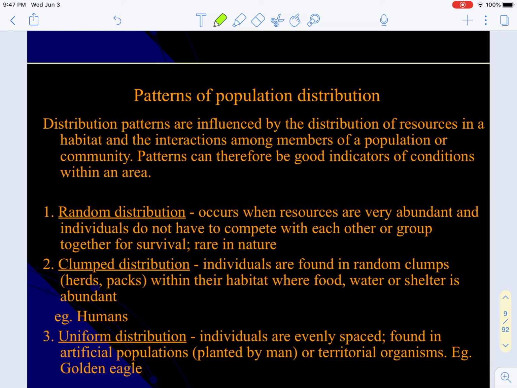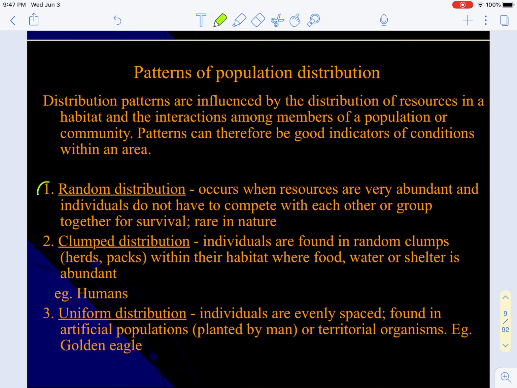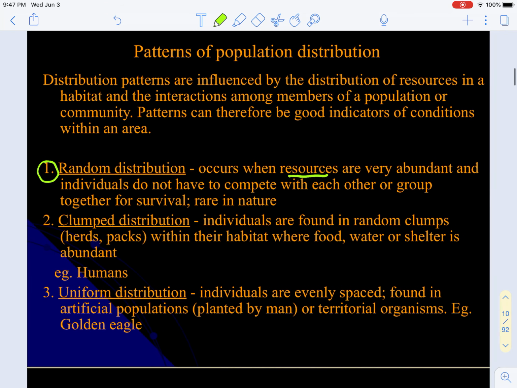We're going to throw in here our patterns of population distribution, and that would be looking at the way the organisms are found in that area.